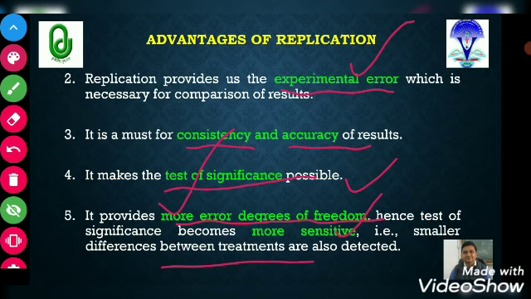Smaller differences between the treatments are also detected. So these are the advantages of replication: how replication, a basic principle, works in reducing error of the experiment and increasing consistency and accuracy of the result.